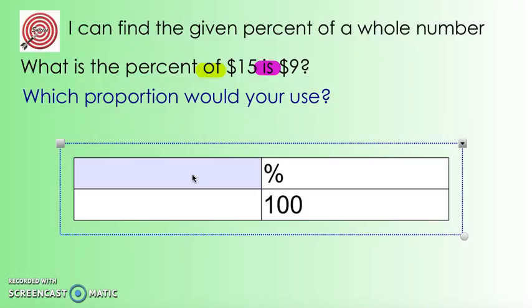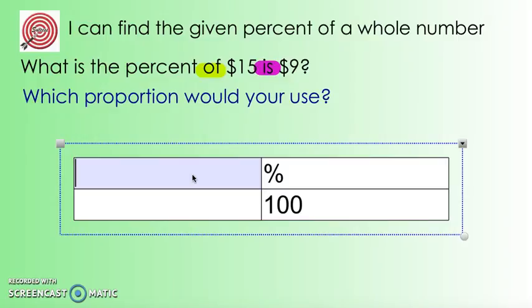And it has nothing to do with which number is smaller or larger, okay? Yes, the part can be smaller than the whole, but if you notice in the last video, some of our percents were over 100%, and so our part was actually larger. It was greater than our whole amount, okay?